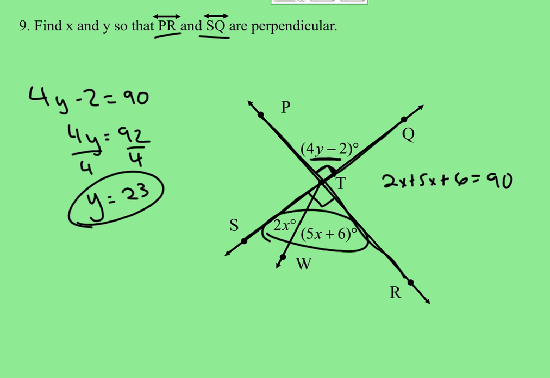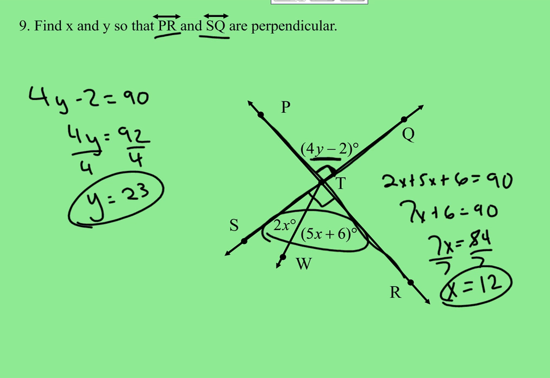Little work, I get Y to be 23. Little work over here. 84, that's 54. 90 minus 6 is in fact 84. So that's going to be 12.